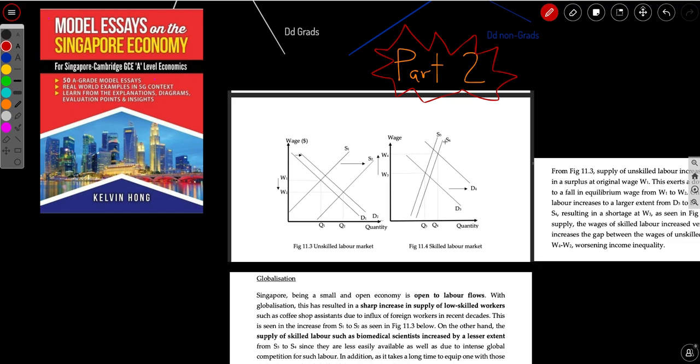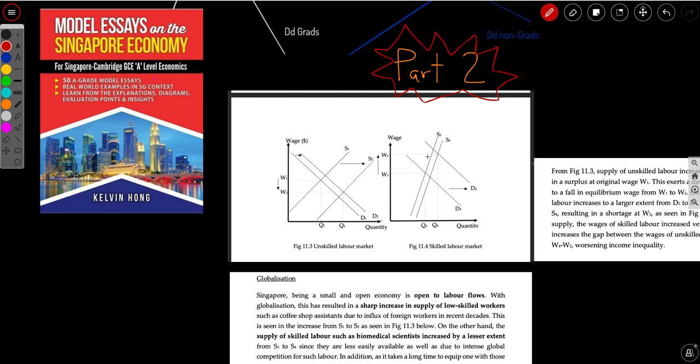As simple as that. On the one hand, demand is increasing a lot more over here than on the left side, but on the left side, the supply is increasing a lot more than the supply on the right side.